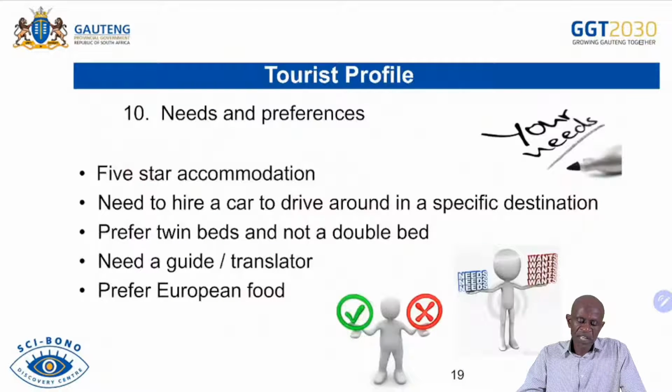As we move further, we have mentioned in our concepts the needs and preferences. You must create your tour plan in a manner that the needs and preferences of the tourist are catered for. Some tourists will prefer a 5-star accommodation, whilst to some of the tourists, the issue of accommodation doesn't matter.